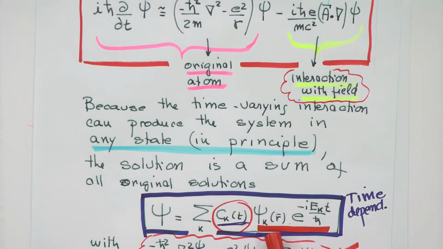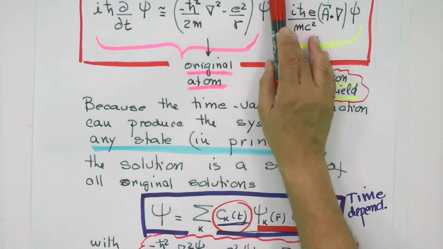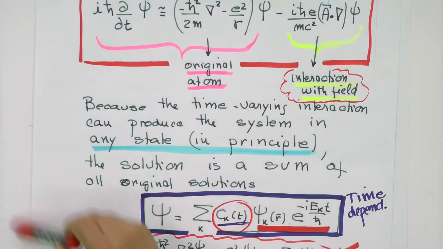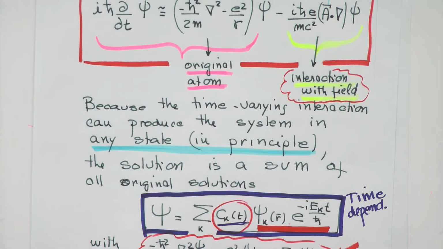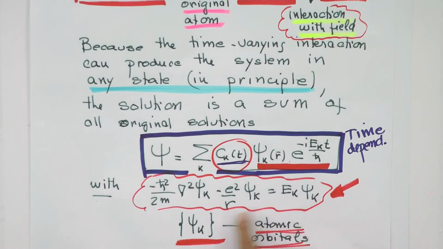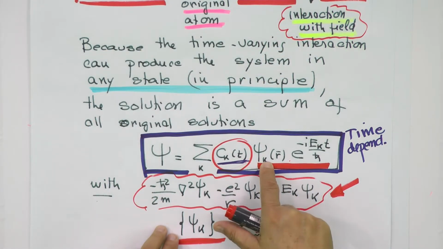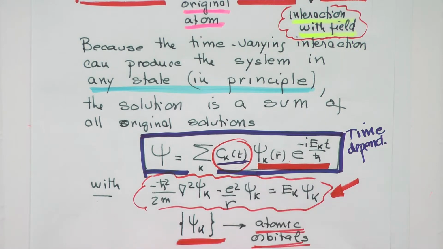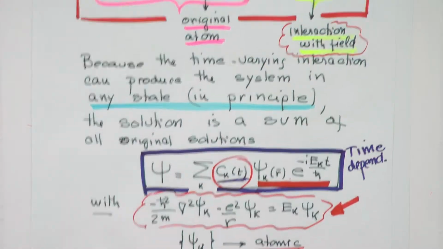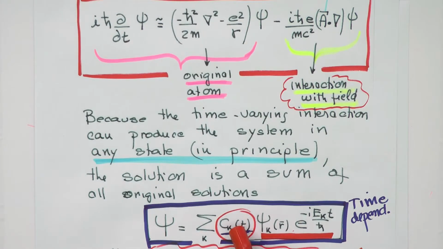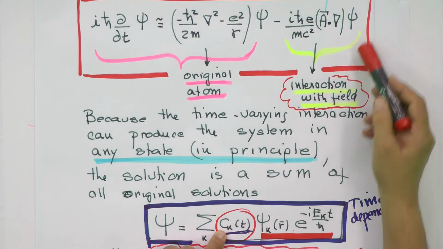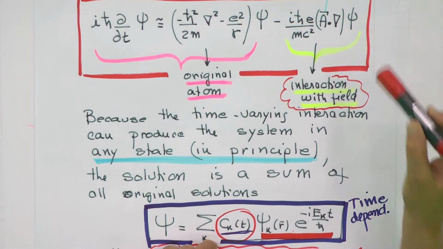So it's easy, because when we plug this here, this part all together will give us the EK, which is the solution. Basically, you see this part here acting on this function gives you E, the energy of the state. And then the time variation will produce a time variation of the coefficient. And here there is a sum.